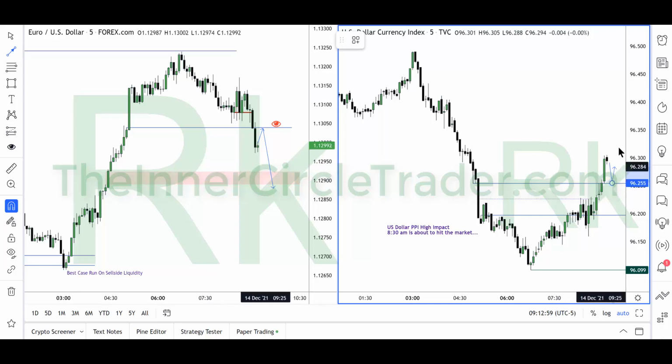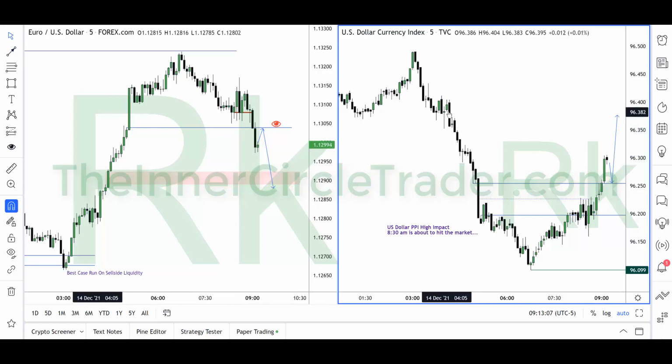And it's going to bounce off of that, fill that little volume imbalance, and then run up into, we'll just use this imbalance right there. Right in here, that's the first target. And then obviously, if we get through that, which is what I'm hoping to get for this example, we'll take out that high up here, which would be the opposite of the low that I labeled for euro dollar. And that would be your market maker sell model for euro, which is the tradable market, and the confirmation analysis barometer, which would be the dollar index.